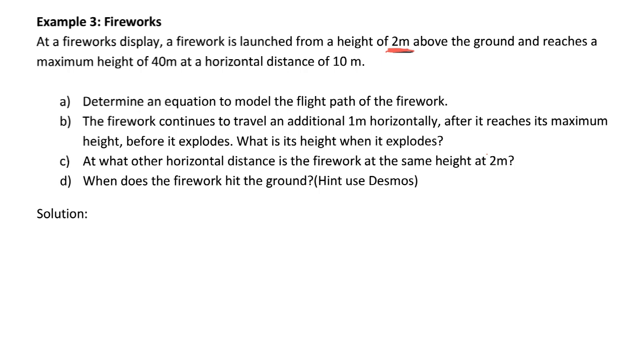It's launched from a height of 2 meters above the ground, and reaches a maximum height of 40 meters at a horizontal distance of 10 meters. So I think what we'll do is plan our graph, our situation, accordingly.